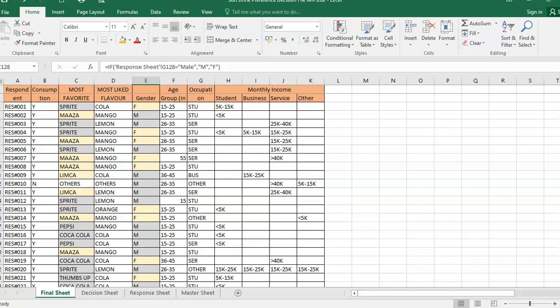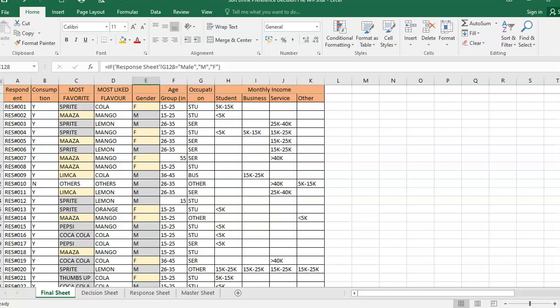For flavor, we have given very few choices, and they have selected these choices. And then we had another variable in column E, that is gender. We tried to measure which gender the person was, whether female or male.